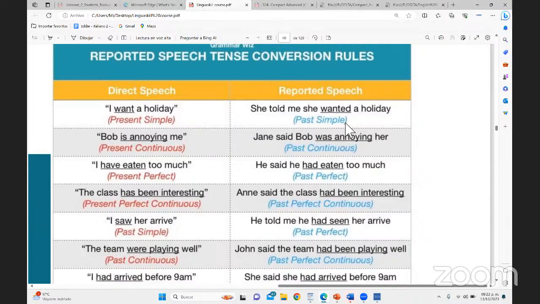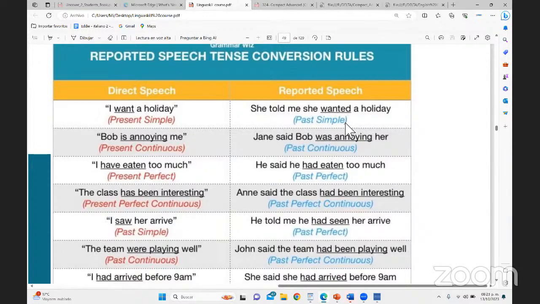Bob is annoying me, and Jane said Bob was annoying her. I have eaten too much. He said he had eaten too much. The class has been interesting. Anne said the class had been interesting.